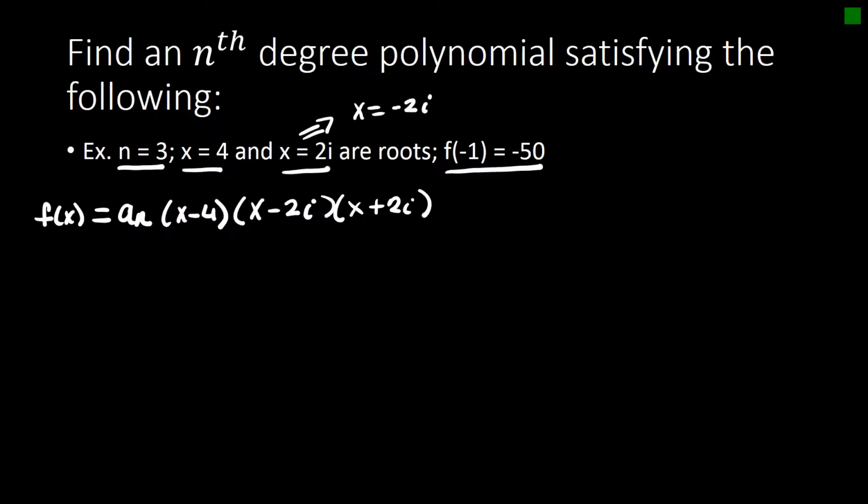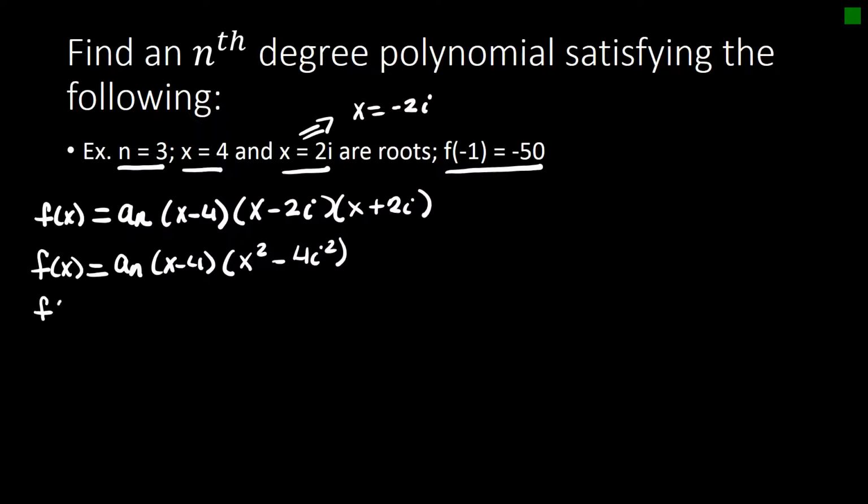So let's clean this up a little bit with these factors, because remember, we're trying to get a general polynomial. Let's multiply together these two factors from the complex roots. We have x times x is x squared. The inner and outer terms on complex conjugates should cancel out. And we have minus 4i squared.